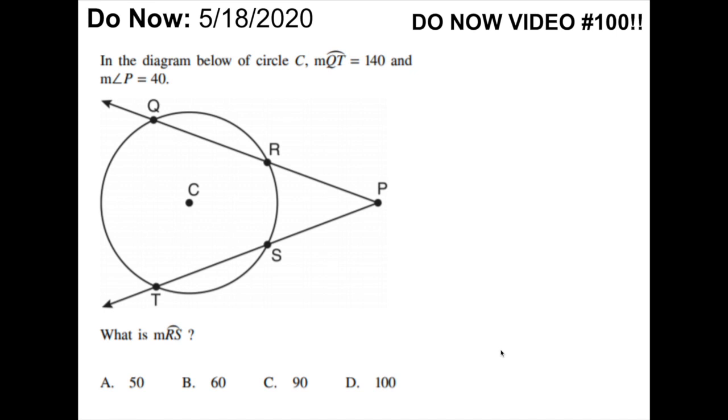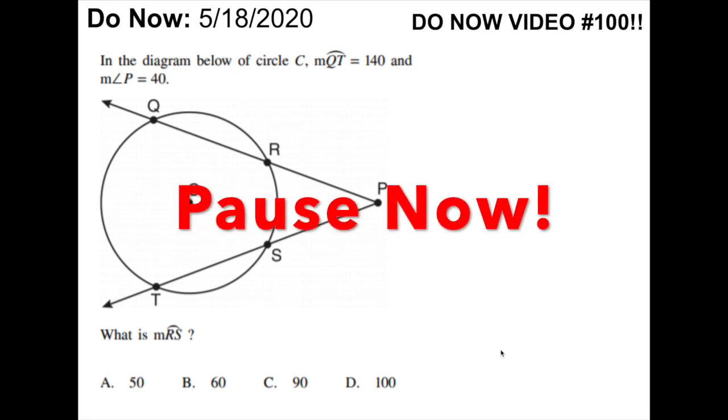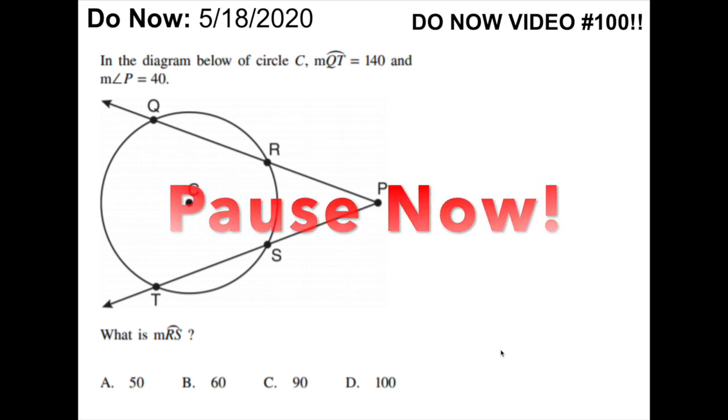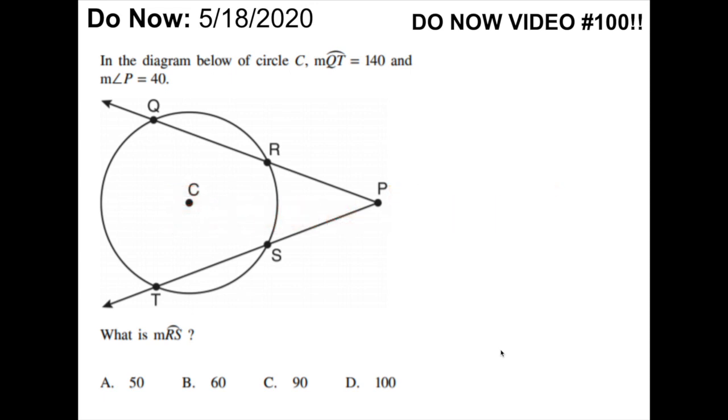All right, so take a moment, see if you can, in hindsight, solve it, and then when you're ready, unpause, and you can see what I got. All right, so this had to do with a special angle measurement from section 19.5.